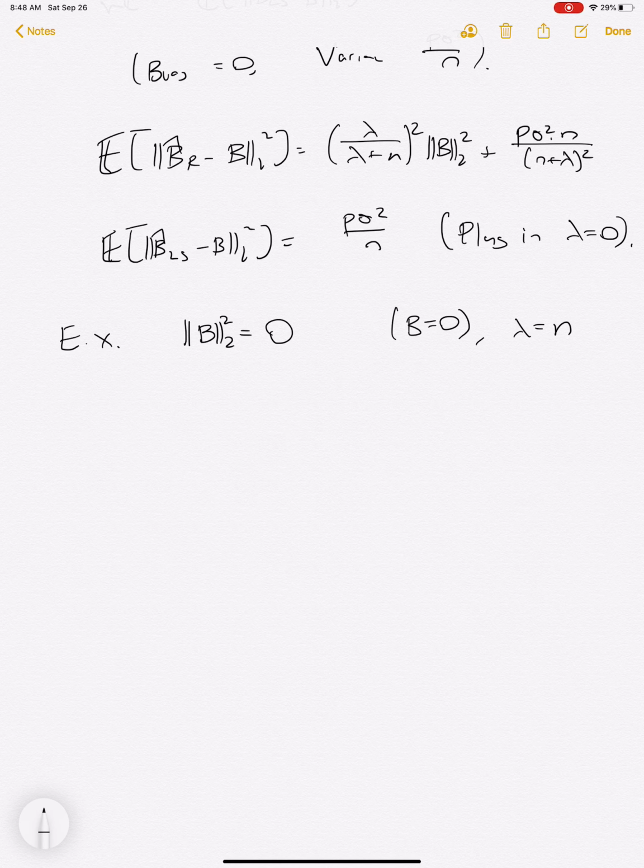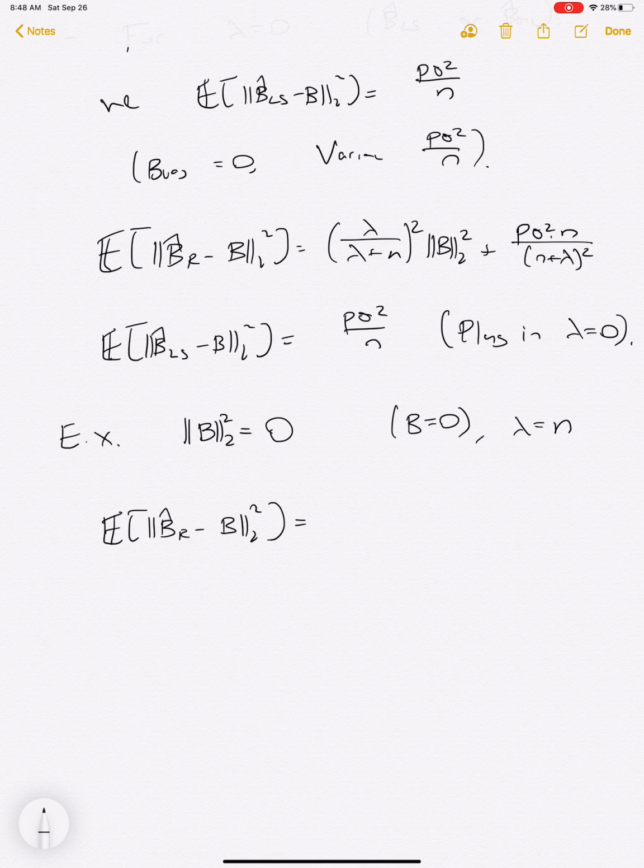In that case, because the norm of b squared is 0, the bias goes away conveniently. That's usually not always going to happen, but it does in this case. But then if you plug in lambda equals n, the mean squared error that you're going to get is just p sigma squared times n over 2n squared.